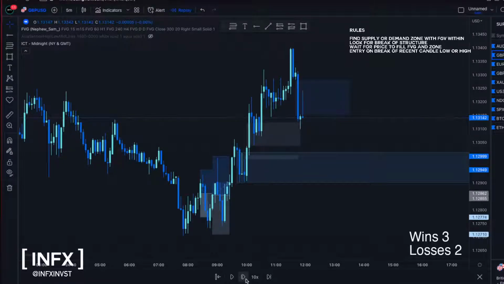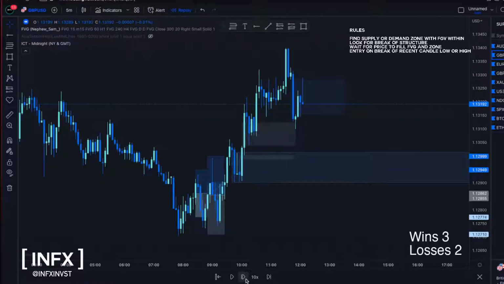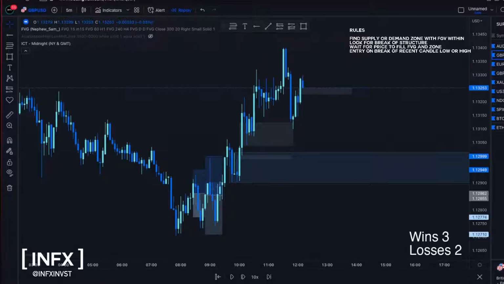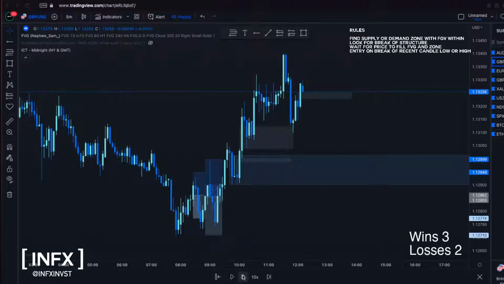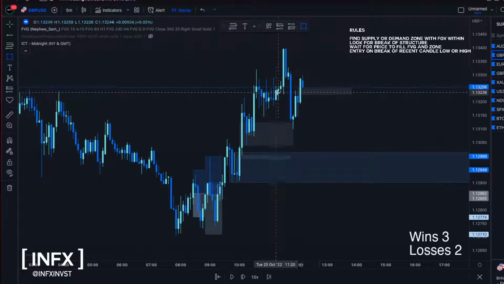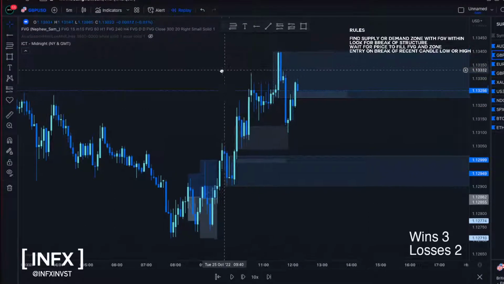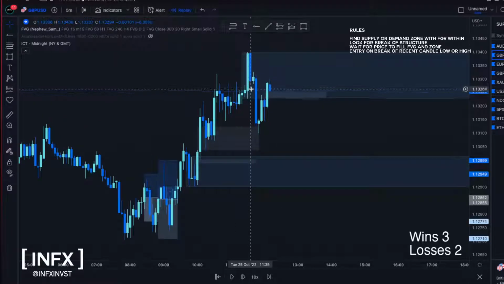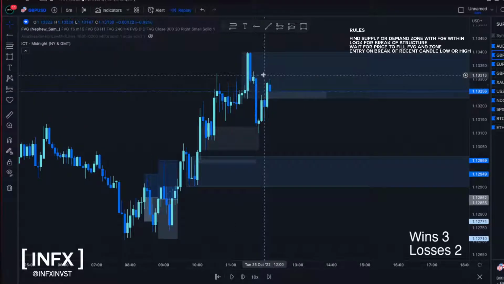Got a big push down now. All right, so we got a zone here. It's a pretty big one. Don't always like it when they're this big, but we have got an FVG which was here, which you've just filled.